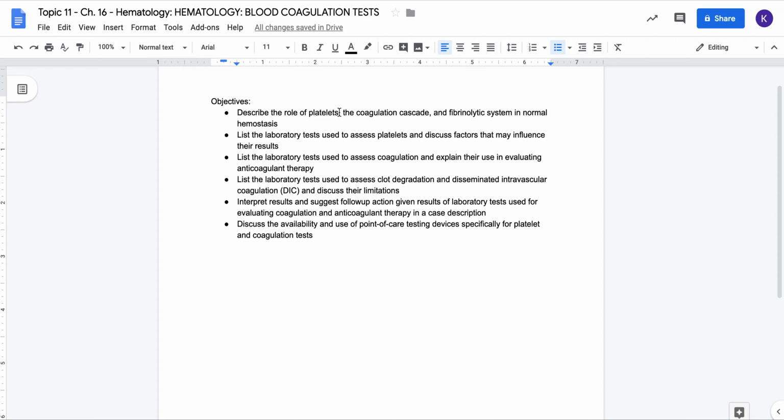Then we're looking at the roles of platelets, and then more on laboratory tests. These are a lot of tests for these objectives. And then interpreting results from those tests for a follow-up action. Point of care testing, that's the next one. They want to know the availability and use of point of care testing for platelet and coagulation tests.